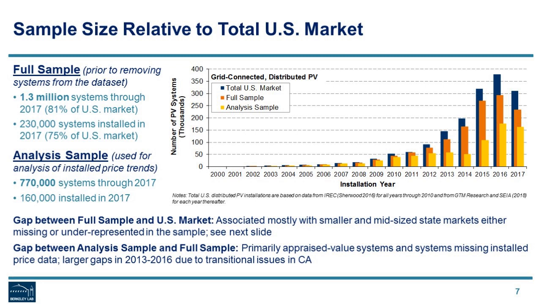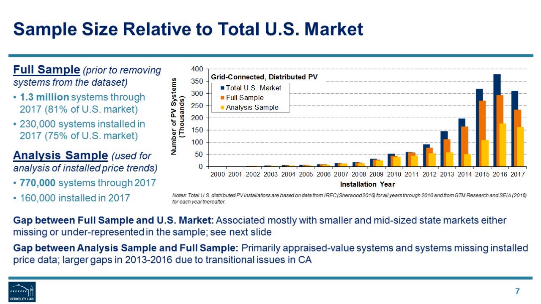And that full sample consists of about 1.3 million individual distributed PV systems installed through the end of last year. And that represents a little over 80% of all systems in the U.S. installed through that point, and about 75% of systems installed last year.